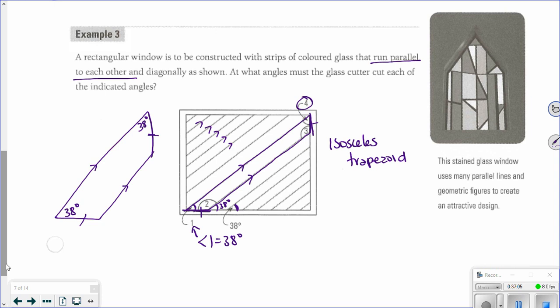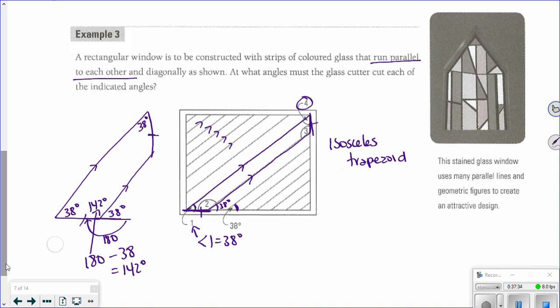I can do it a couple different ways. If I look at this angle 2 as being part of a straight line, where this is 38, then all the way around my straight line is 180. So 2 is going to be 180 minus 38, which is 142 degrees. So this is 142 degrees.